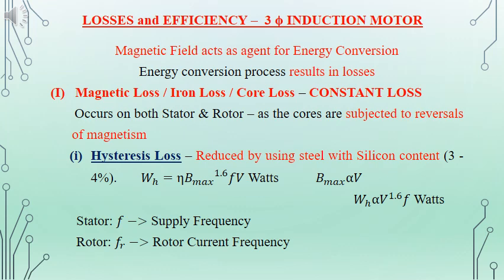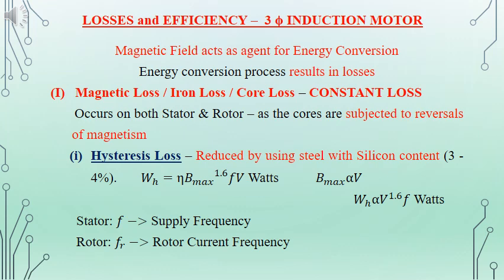The hysteresis loss can be reduced by using silicon steel material. The equation is given as eta Bmax raised to 1.6 F V, where eta is the hysteresis constant, Bmax is the maximum flux density, F is the frequency, and V is the volume of the material.